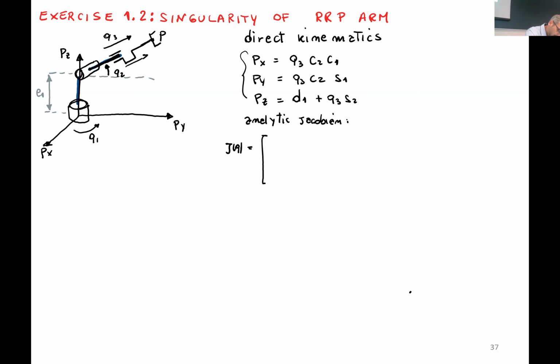We do the partial derivative of the px with respect to q1, and we get q3 minus sine of 1 c2. Then px with respect to q2, we get minus q3 c1 s2. With respect to q3, we get c1 c2.